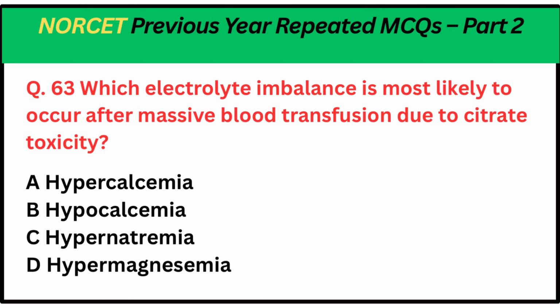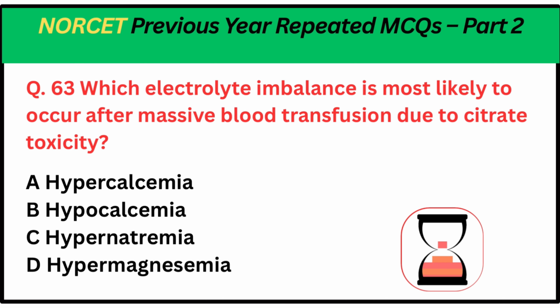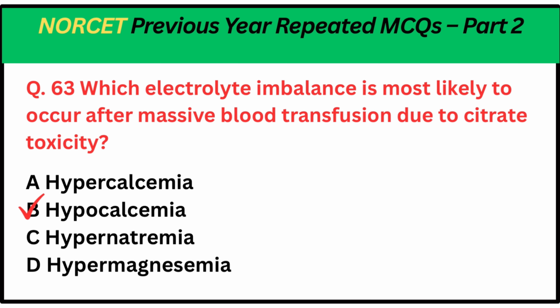Which electrolyte imbalance is most likely to occur after massive blood transfusion due to citrate toxicity? Your correct option is option B, hypocalcemia. Moving to the next question, question number 64.